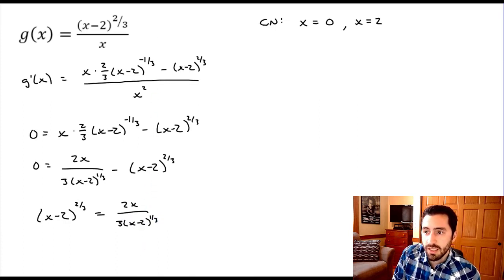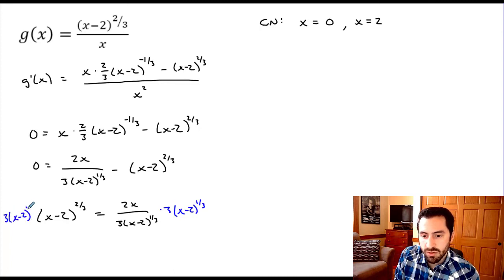Now the next step, I'm going to multiply both sides by the denominator. So we're going to multiply by 3 times (x minus 2) to the 1/3 on both sides. On the left-hand side, when I do this multiplication, I have (x minus 2) to the 1/3 and (x minus 2) to the 2/3. Our shortcut for multiplying, they have the same base, different exponents, we add these exponents together.